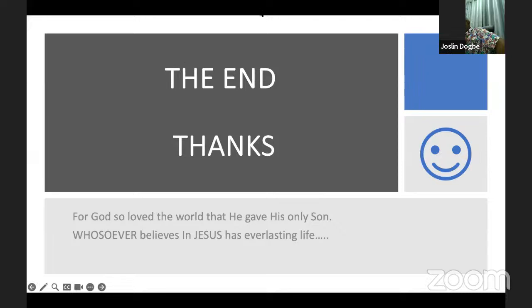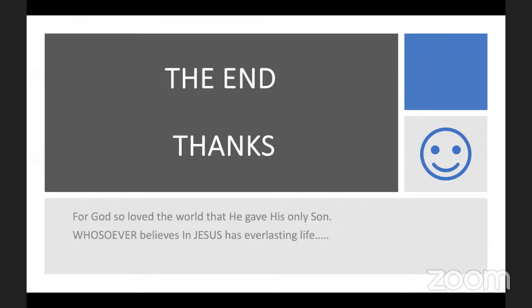So tranexamic acid, the evidence from the CRASH trial shows that tranexamic acid, when given within the first 24 hours of an intracerebral hemorrhage at a dosage of 500 milligrams twice daily, is able to reduce mortality significantly within the first 7 days.